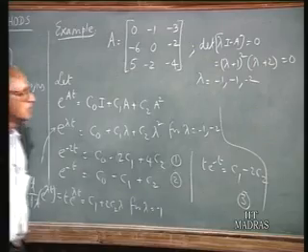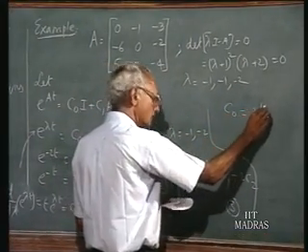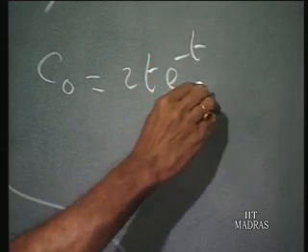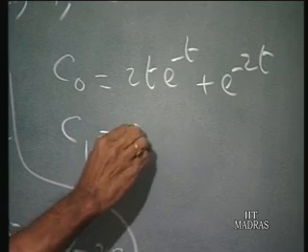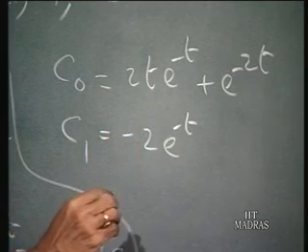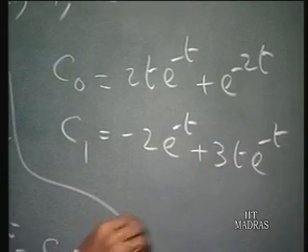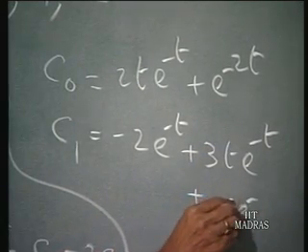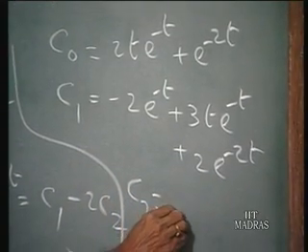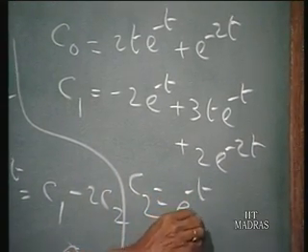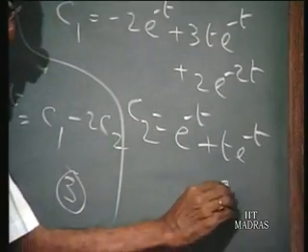c0, c1 and c2. The result will be: c0 will be 2t e power minus t plus e power minus 2t, c1 will be minus 2 e power minus t plus 3t e power minus t plus 2 e power minus 2t, and c2 will be e power minus t plus t e power minus t plus e power minus 2t.